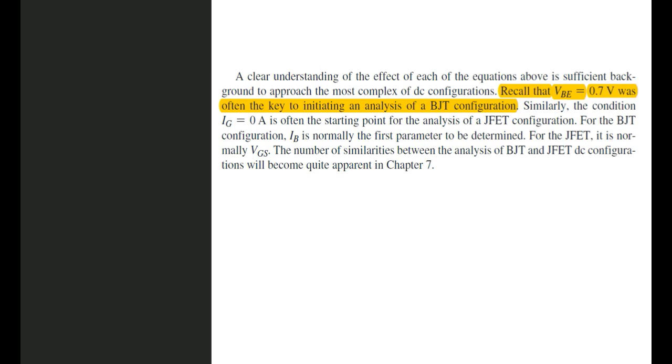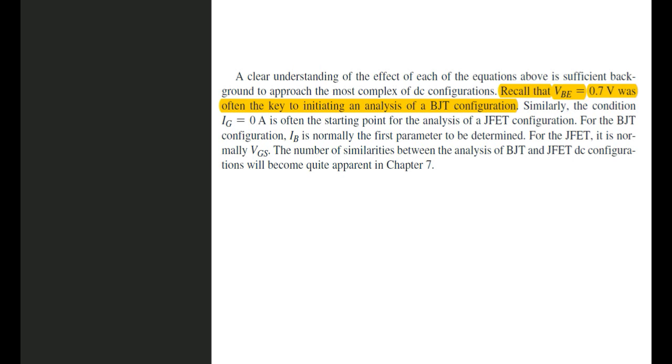A clear understanding of the effect of each equation is sufficient ground to approach the most complex DC configurations. So we now have enough discussion that we can make the final remarks. In BJT, if we recall, the base to emitter voltage is 0.7, and we often use it to initialize the analysis of a BJT.